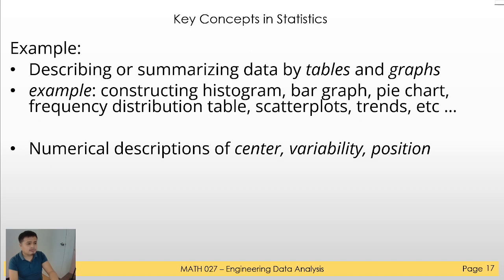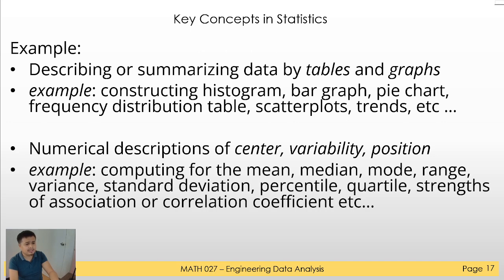We could also find the measures of center and variability, which are basically the mean, median, mode, range, and so on. Okay, that is descriptive statistics. We are just describing the data. We are just visualizing the data.